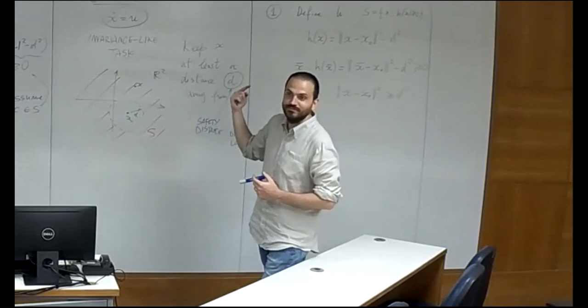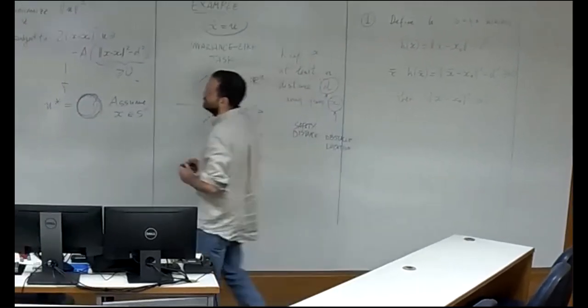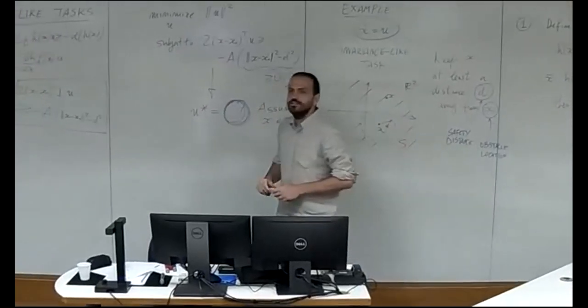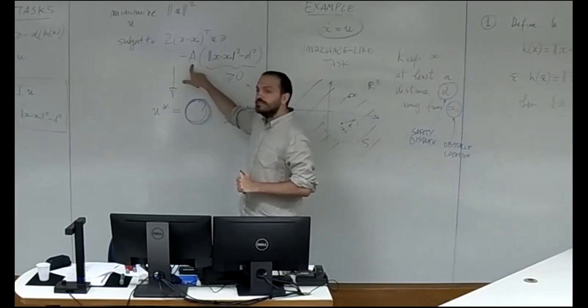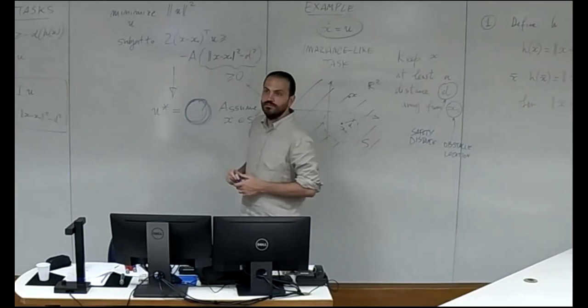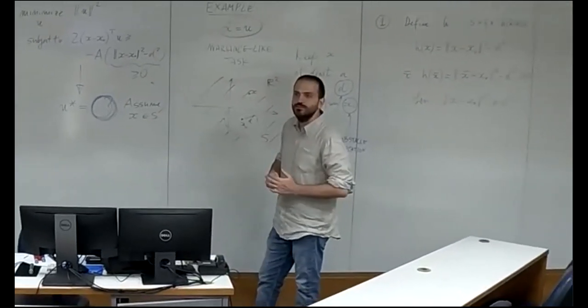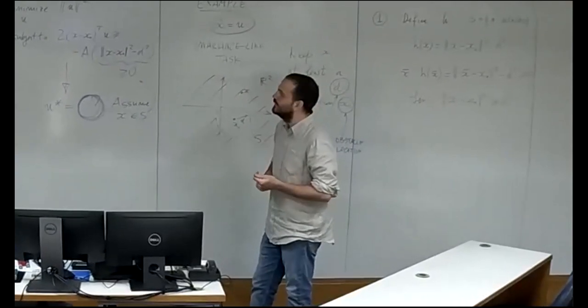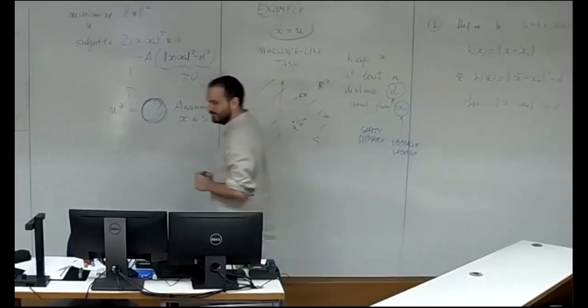Unless we're going out. But anyway, it's not as trivial as this. This only happens when we have just the invariance constraint. So it's as easy as it can be to keep this system safe or set S invariant.